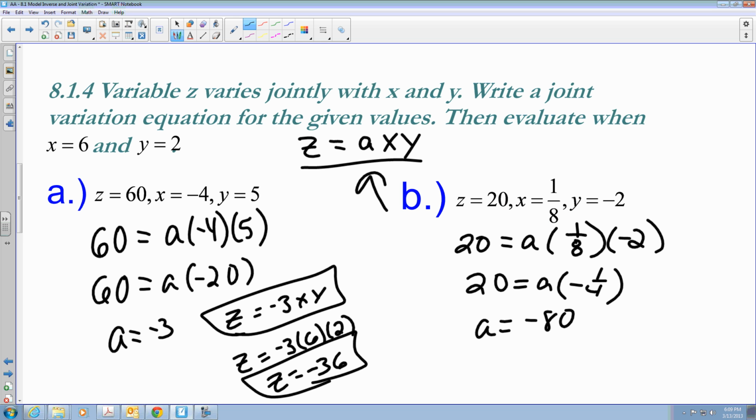So I'm going to write this equation as z equals negative 80xy. And then they want to know what z is going to equal when x is 6 and y is 2. If I multiply those together, z is going to equal negative 960.